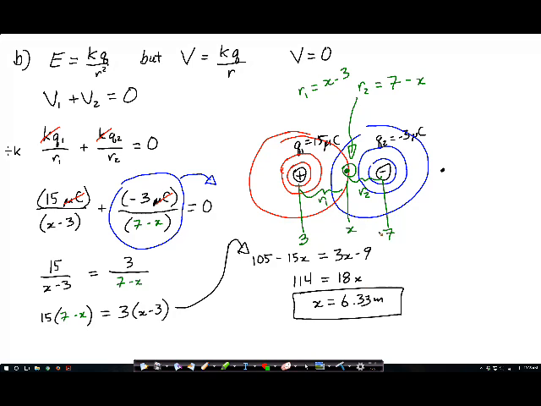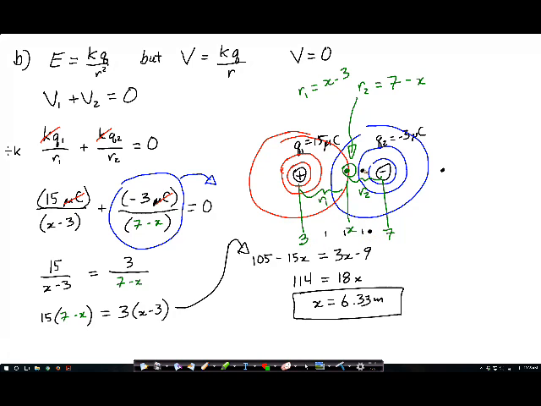It's just me. So what I'm going to do is I'm just going to play around with it off to the side and look at what would happen if we had a point over here where we were closer to the weaker charge. Because 6.33, if we had, say, 4, 5, 6, 6.33 would be closer to 7, much closer to 7 than 3.